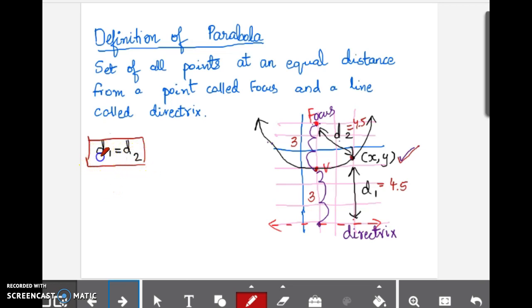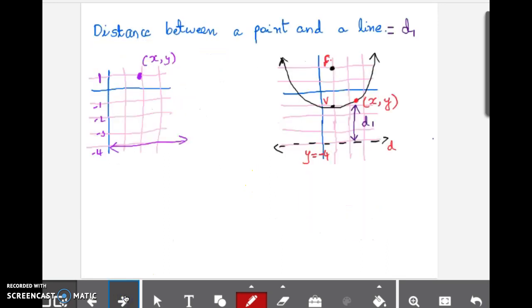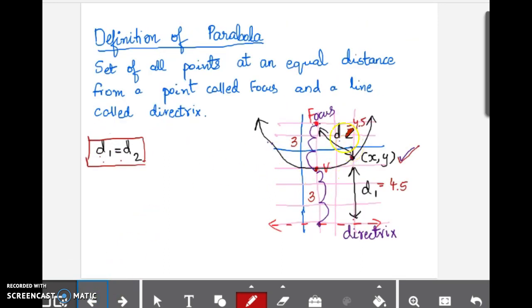So we're going to find both these distances and equate them, and derive an equation of a parabola from there. In order to do this, we have to know d1 and d2. So let's talk about that first.